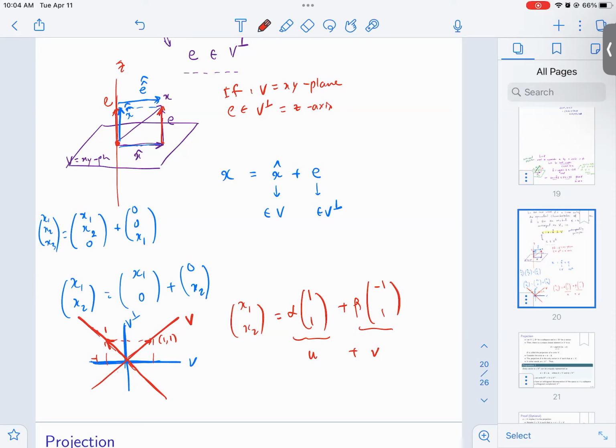In that case, the dimension of V perp is smaller, right? V is the XY plane, so the dimension is 2. V perp would be the Z axis, dimension is 1. So the answer to the question is that in general, no, the dimensions of V and V perp are not equal. They're actually complementary. So anyone can tell me what the relation is? Actually from this, you can sort of guess.